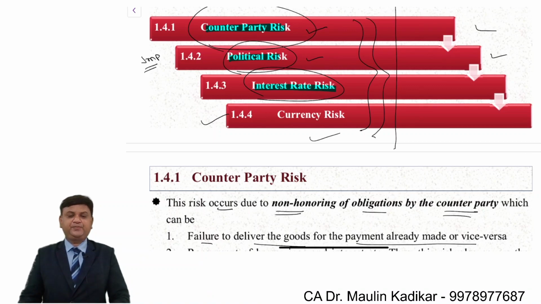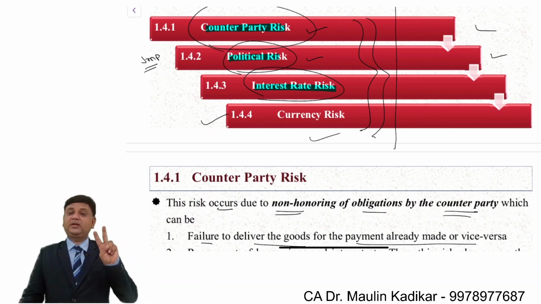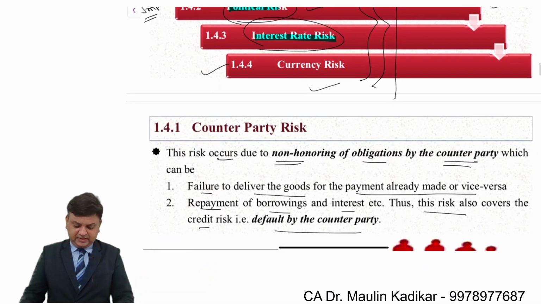Interest rate risk: when you borrow at the floating rate and the rate of interest is going up. When you borrow at the fixed rate and the floating rate of interest is going down. When you have invested at floating rate and the floating rate of interest is going down. When you have invested at the fixed rate and the floating rate of interest is going up. These are the four risks that we understand.